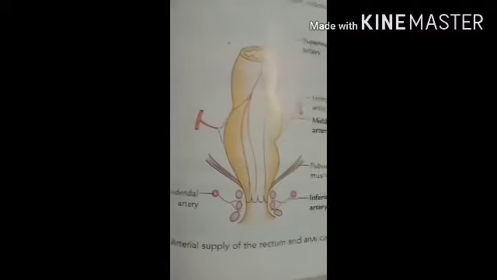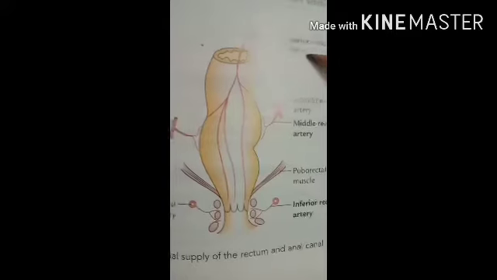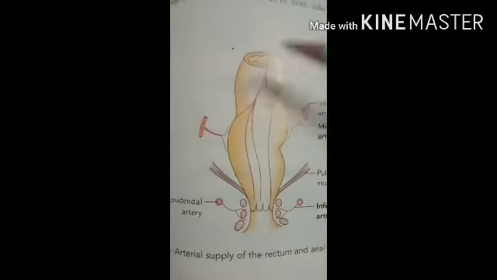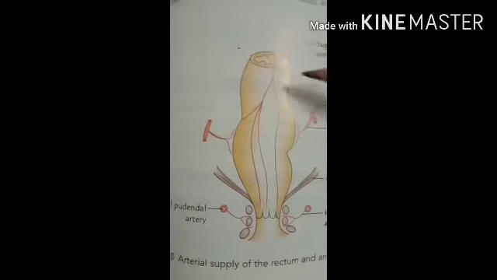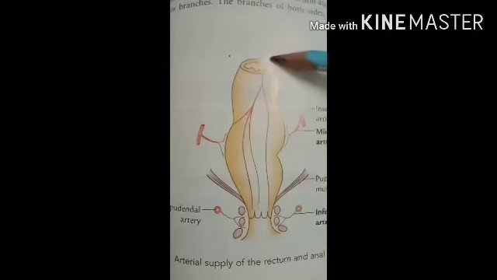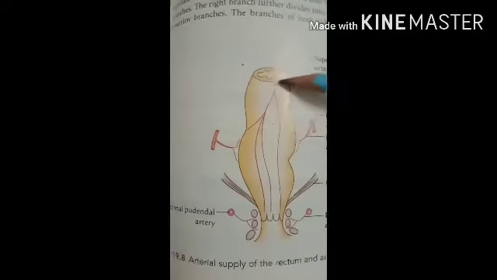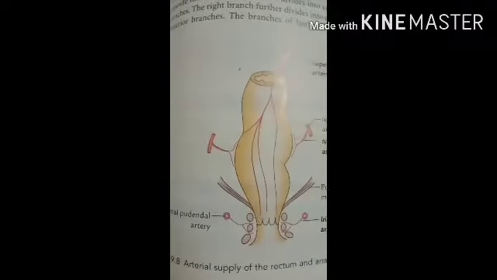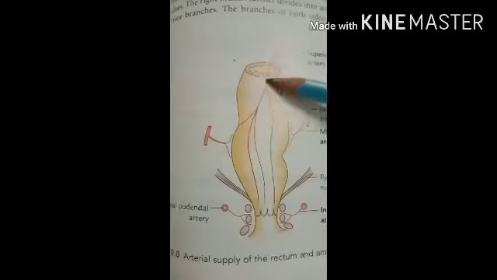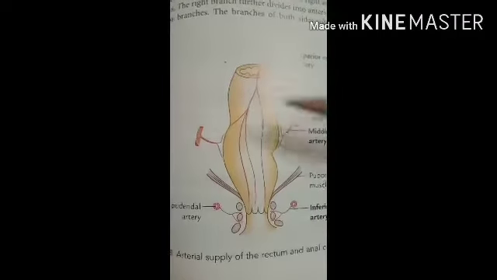So first, the superior rectal artery. Here in this diagram you can see the superior rectal artery. This is the chief artery of the rectum, and it is the continuation of the inferior mesenteric artery, and it divides opposite the third sacral vertebra. Here you can see that it divides.